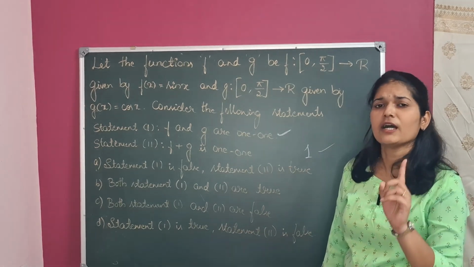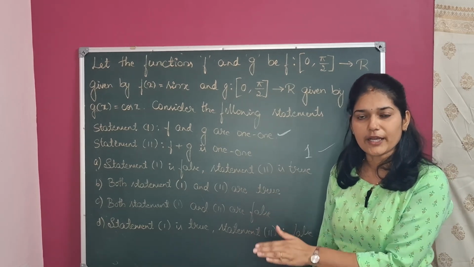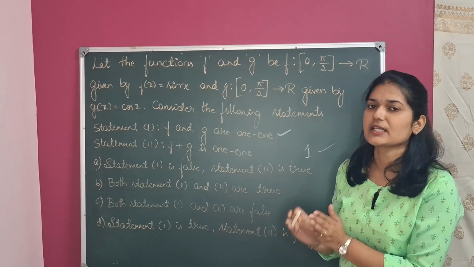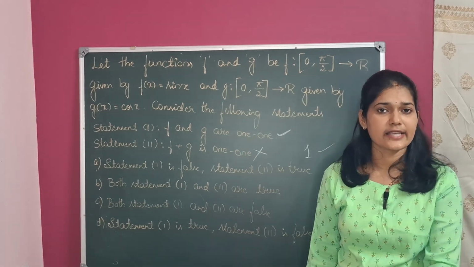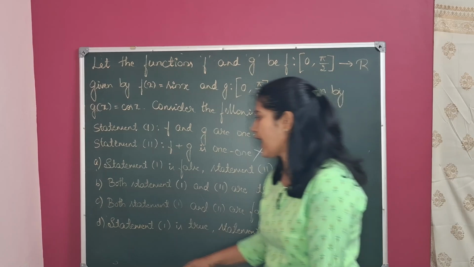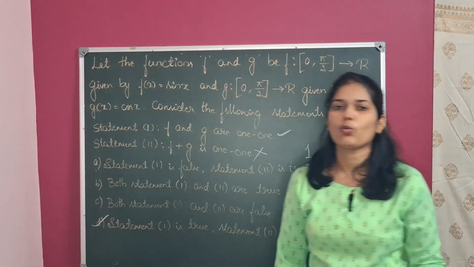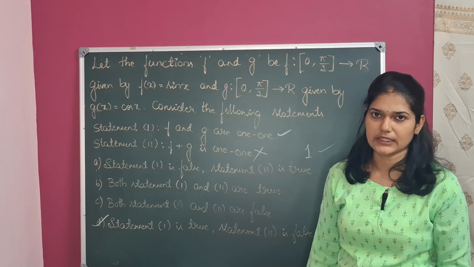So we are getting f plus g of 0 equal to f plus g of pi by 2. That means the function is not 1-1. We are getting the same value for 2 different values. Therefore, the answer is statement 1 is true but statement 2 is false. That is option D.